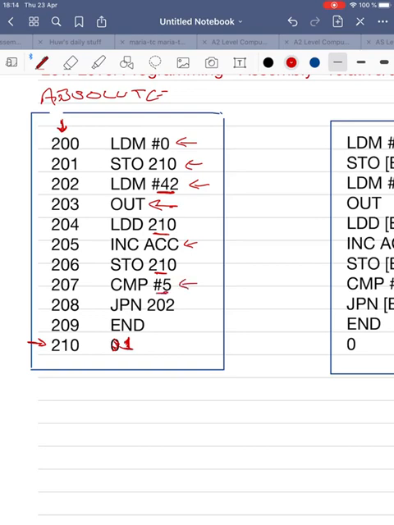This is again immediate, and we jump, if negative, to memory location 202. So this instruction here will take us from this point to 202, where we go through the process again. So each of these locations refers to an actual point in the RAM.